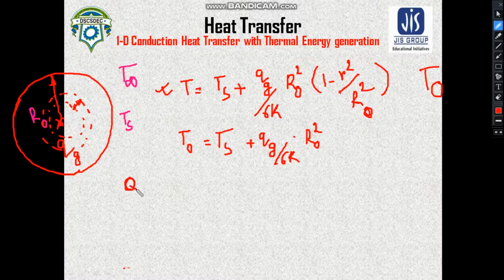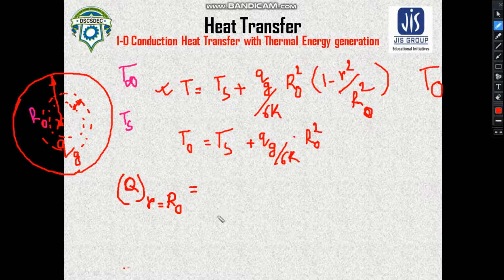It is quite understandable that this heat transfer is only because of the internal thermal energy generation that is taking place. So after the calculation of this heat transfer rate, we must find that this heat transfer is becoming exactly equal to the total thermal energy generation.